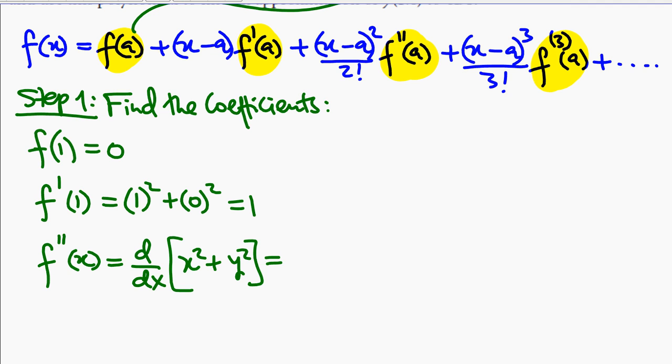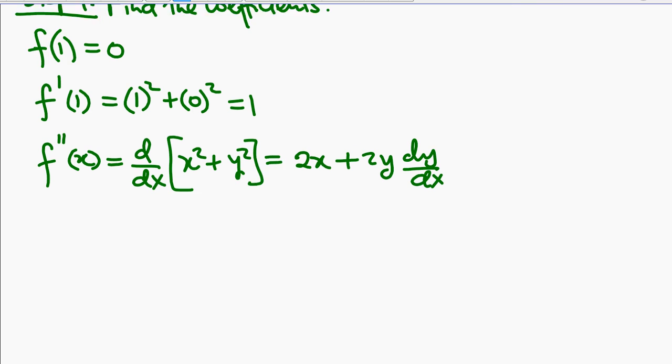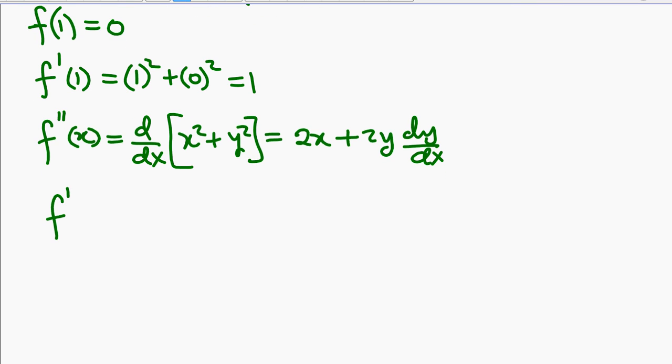What we shall end up with is 2x plus 2y dy over dx. So the value of the second derivative at x equals 1 and y equals 0 will be equal to 2 multiplied by 1 plus 2 multiplied by 0 and 1, and that will be equal to 2.